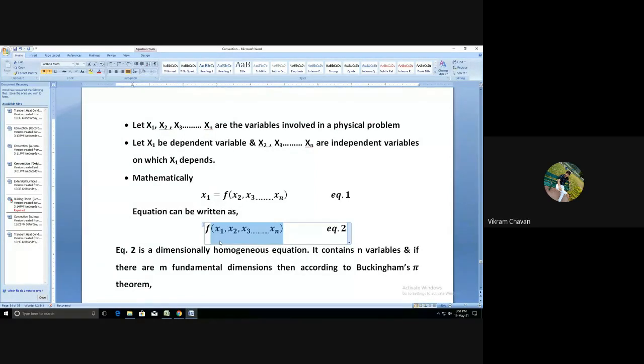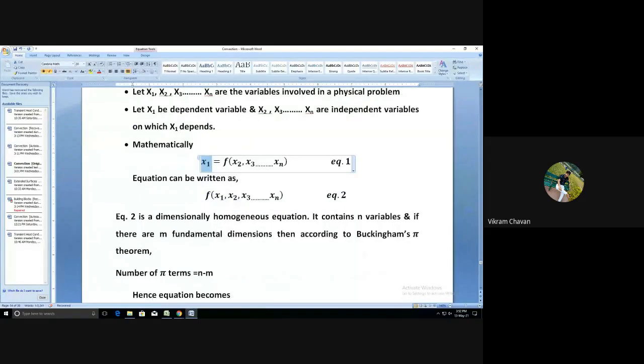If force is equal to mass into acceleration and you transfer the force to the other side, the dimensions of mass, acceleration and force will cancel. Similarly, if you transfer x1 into the functionality bracket, the dimensions of the bracket will be 0, so there is no dimension for the bracket. So this equation is a dimensionally homogeneous equation.